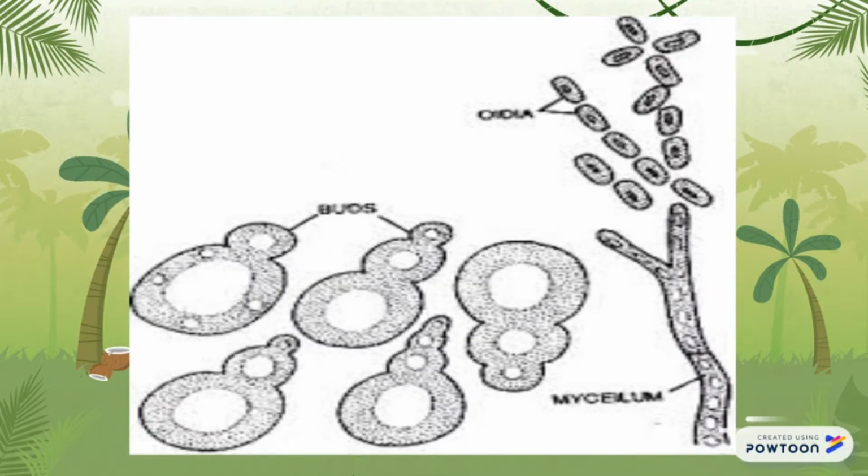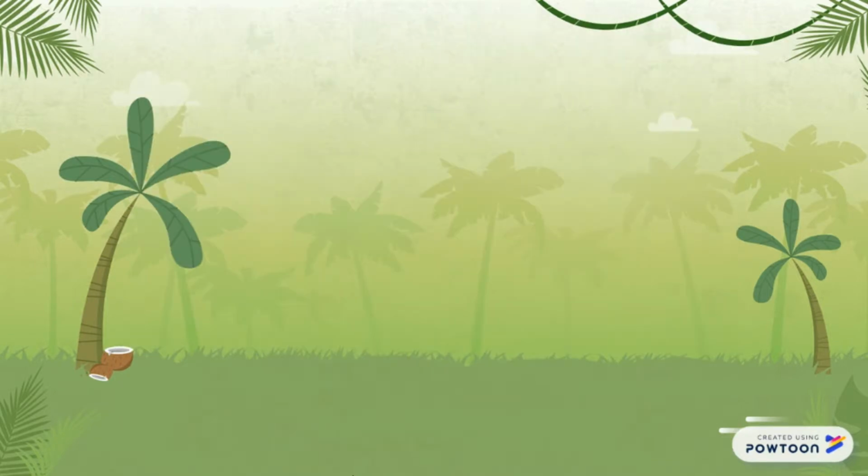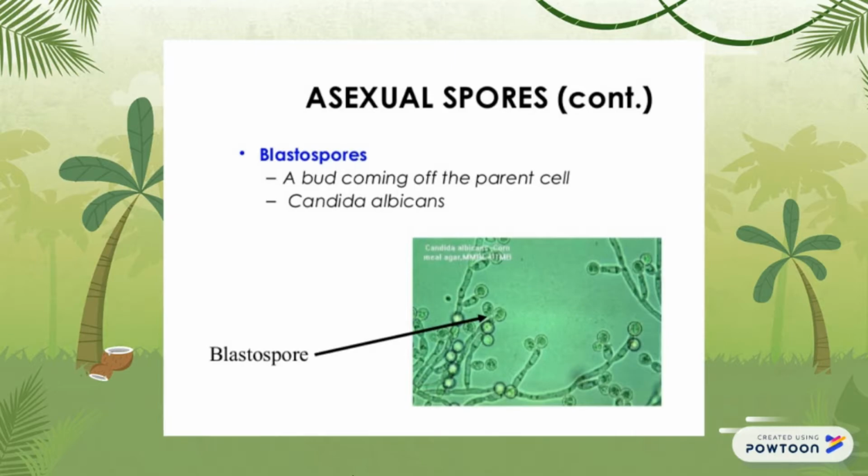In asexual reproduction, we have three kinds of reproduction methods. Fragmentation, when parts of the mycelium become separated and begin a life of their own. Budding, a small cell forms and gets pinched off as it grows to full size, usually occurs in yeast. Asexual spores, producing spores by a single mycelium.